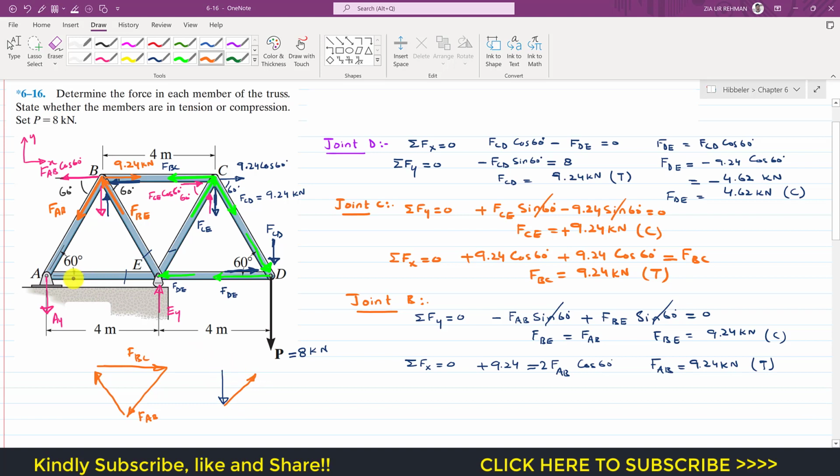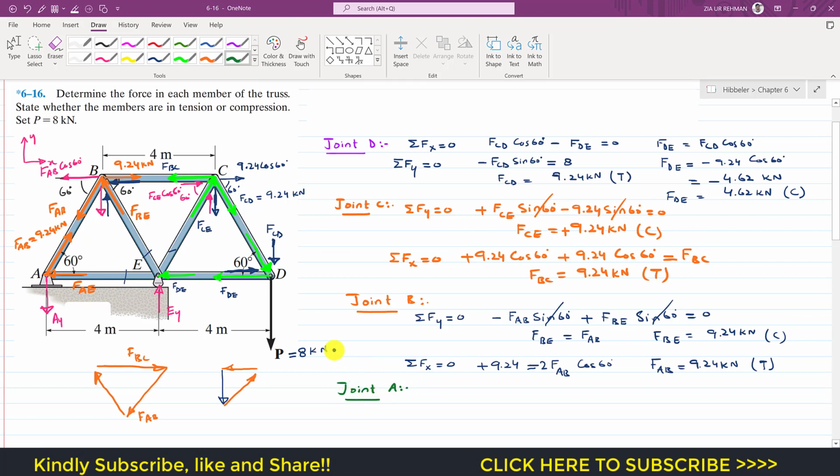So if it is acting in this direction, it is understood that the FAE force must be acting towards this joint A, so it must be acting like this. This will be FAB, and FAB magnitude is 9.24 kilonewton. And similarly, we do not know this. This is FAE.